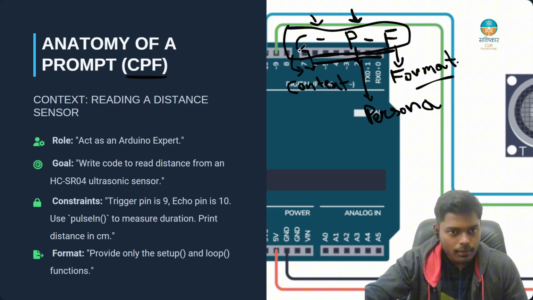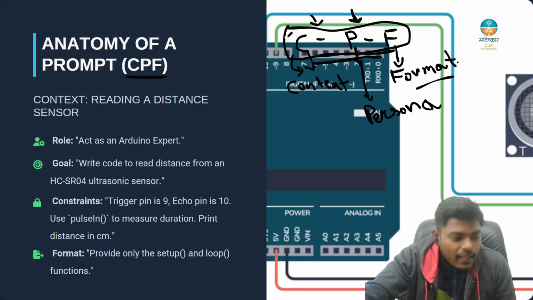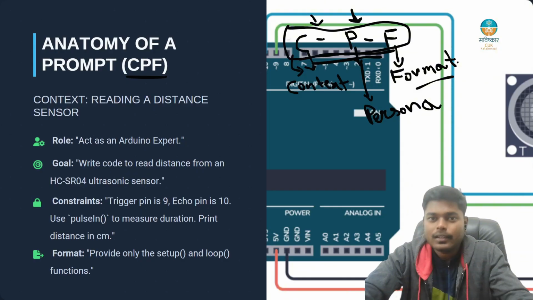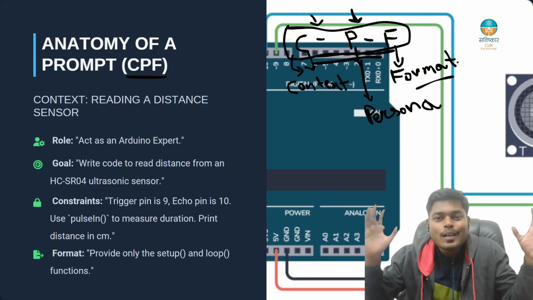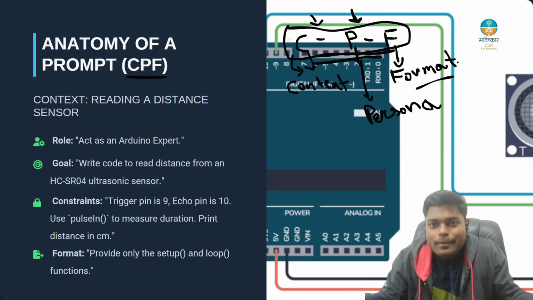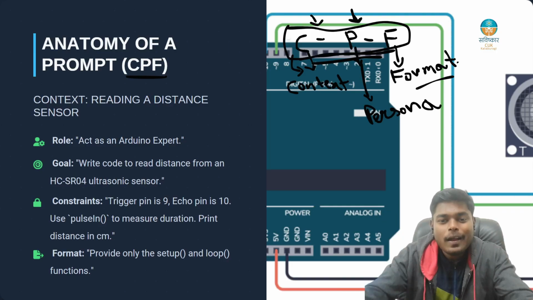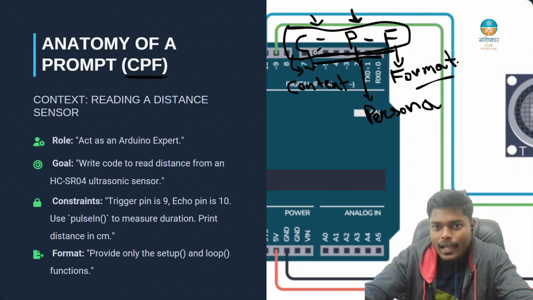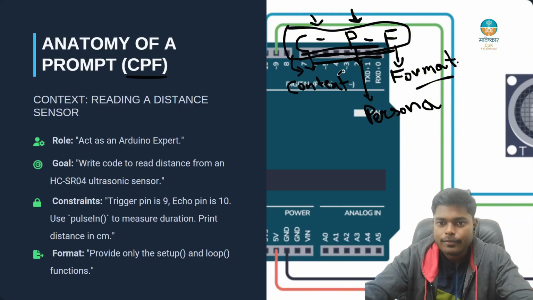We must explain ourselves, just the way a girlfriend needs to explain to her boyfriend why she is upset, otherwise he can't know. So you have to explain to the AI first. And this is the popular method, CPF: context, persona, and format.